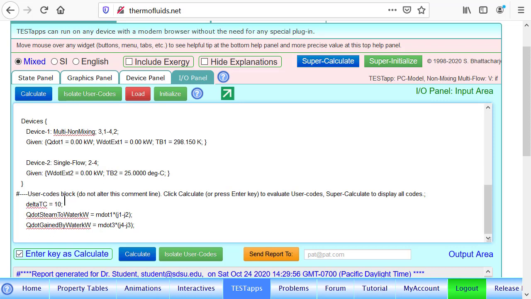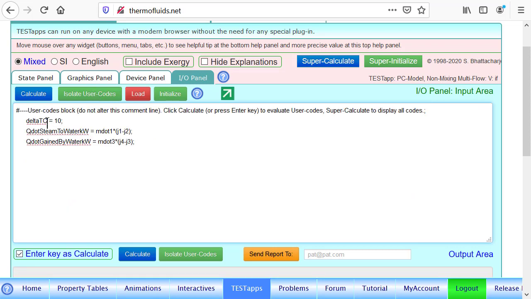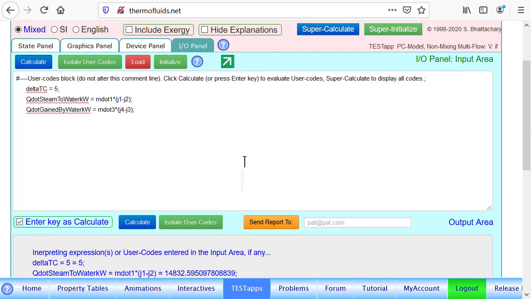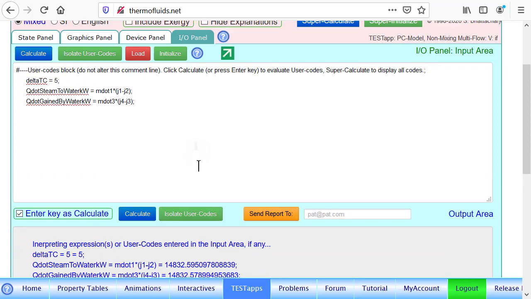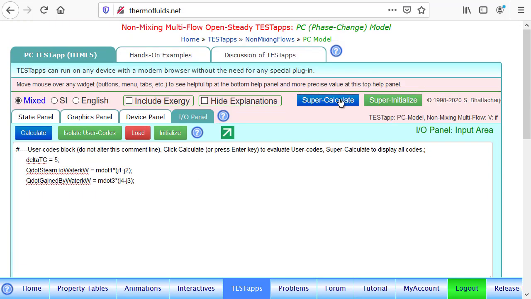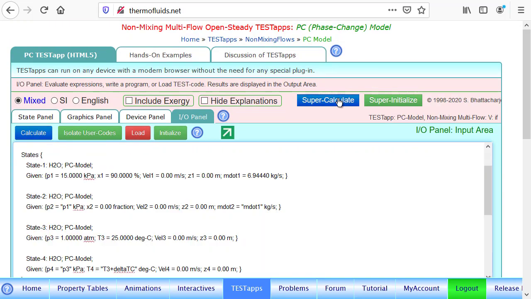You can just modify that here, or better, you can isolate the user codes that get rid of all the other test codes. And the question is, what if this is 5 degrees? So you click just 5 here, replace 10 with 5, and then first calculate to register your change. So delta TC is now 5, and do a super calculate, and you're done with the what if scenario.